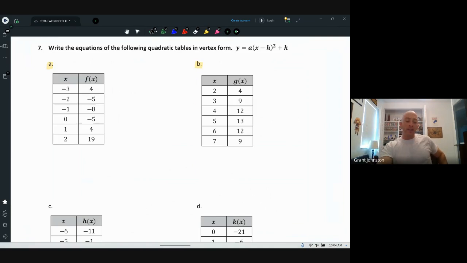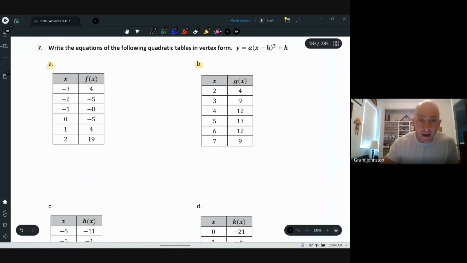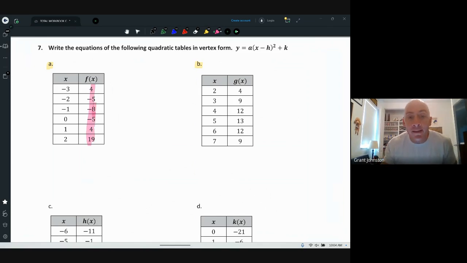So as we're looking at this table and the y values, we've got to figure out where it hits either that top point or that bottom point. If you look at it, it goes 4, negative 5, negative 8, then back up to negative 5, 4, and then way up to 19.